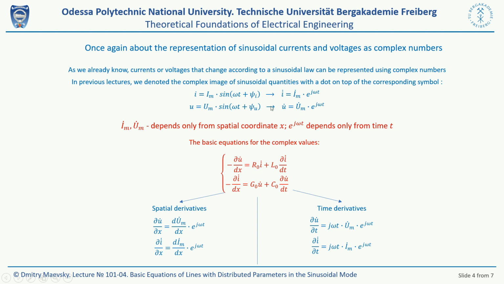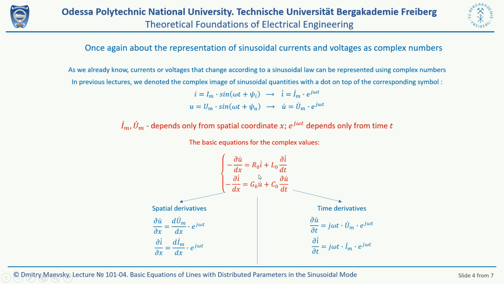As we know from previous lectures on the topic alternating electrical circuits, all equations that are valid for instantaneous values of currents and voltages are also valid for complexes of their instantaneous values.